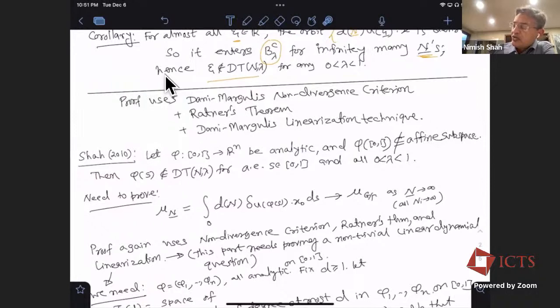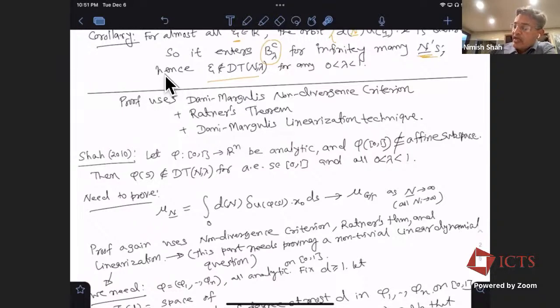There is a criterion which tells you which analytic subvariety the limit measure will converge to, or if it gives positive measure in the limit on some analytic subvariety, then something algebraic will happen. That is what this linearization technique tells you.